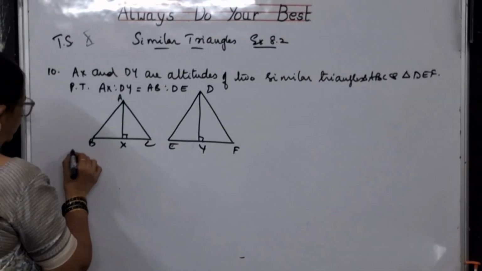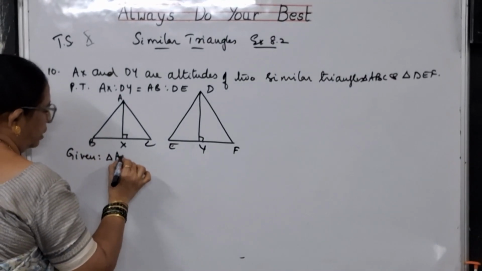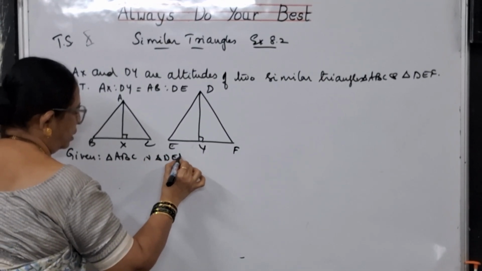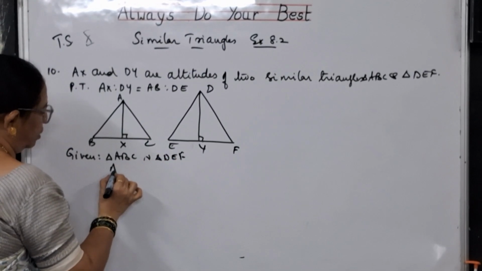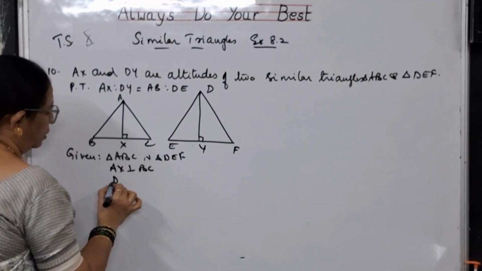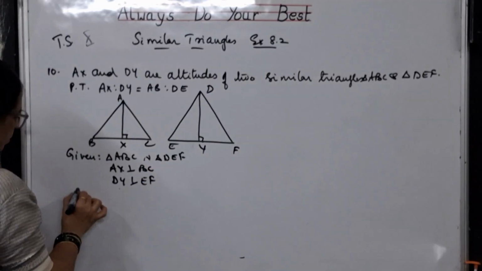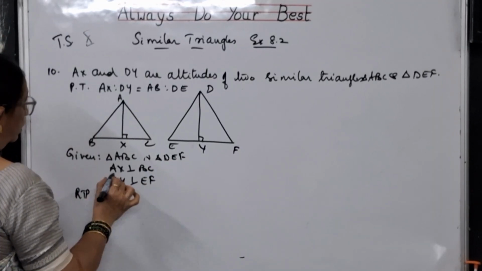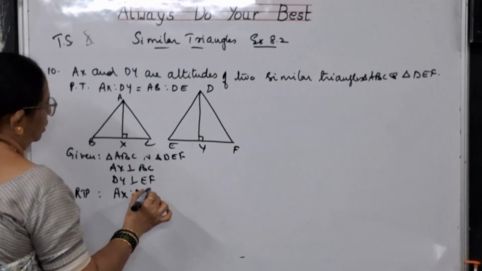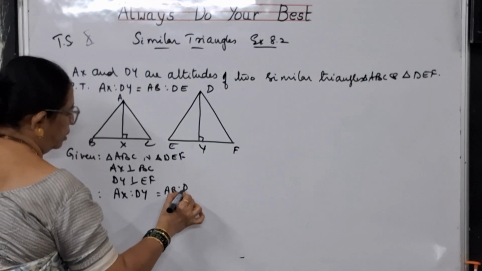So what is given to us? Triangle ABC is similar to triangle DEF. AX is perpendicular to BC. DY is perpendicular to EF. What is RTP? You have to prove that AX is to DY is equal to AB is to DE.